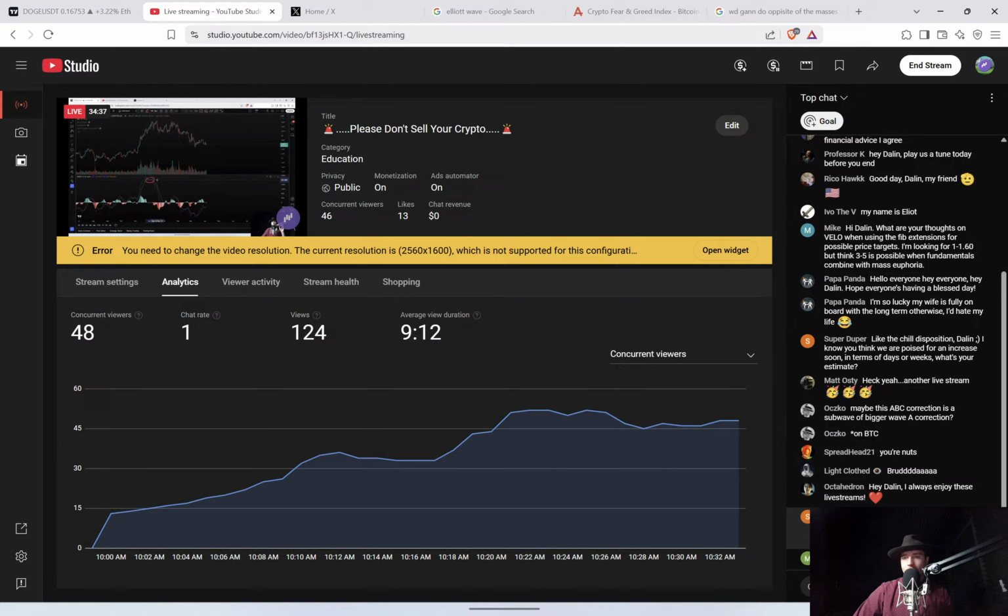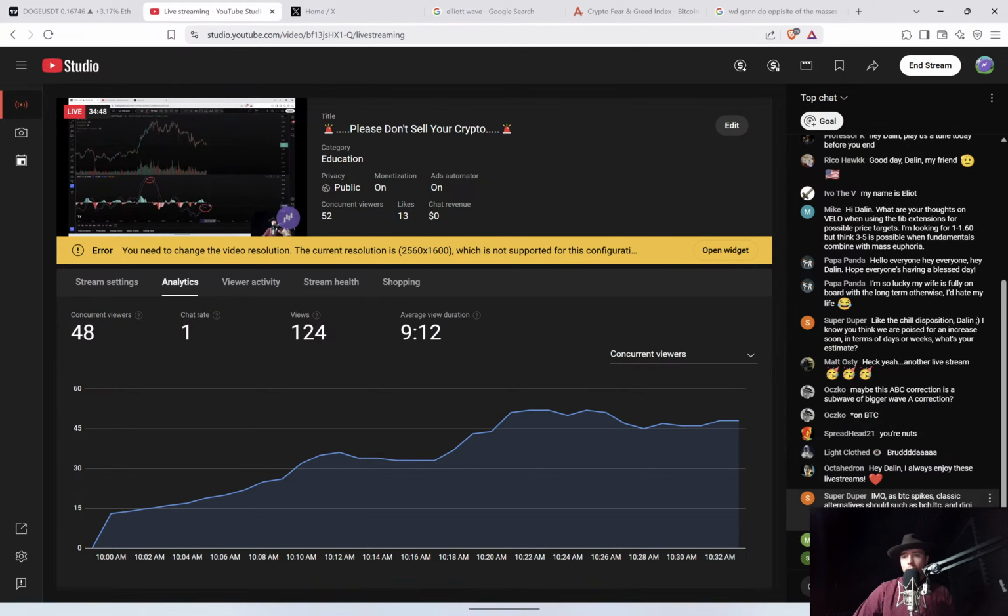In my opinion, as BTC spikes, classic alternatives such as BCH and LTC and Digi currencies should really pump hard, appearing as cheap and efficient alternatives. Yeah, so I agree. I believe what you're saying is that as Bitcoin pumps, Bitcoin Cash and Litecoin and Digibyte are going to pump as well, and I would agree with you.